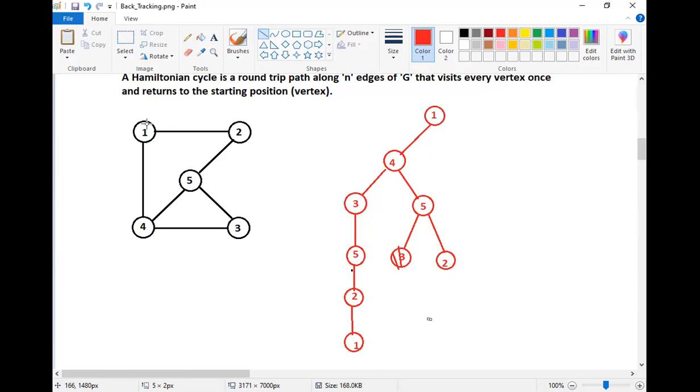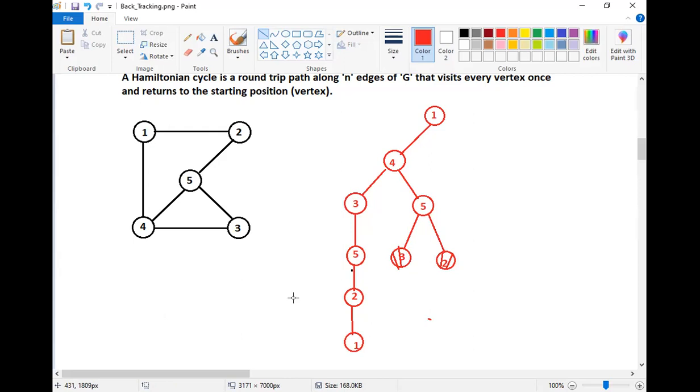I can have a duplicate of root 1, but if I have to count the number of edges. This is 1, this is 2, this is 3, and from 2 to 1 if I go, then there will be only 4 edges. With the 4 edges, can I make a Hamiltonian cycle? No, because if I do, then this 3 will be left out node in this particular path. Means it is not a Hamiltonian cycle. That means that this 2 is also a dead end.